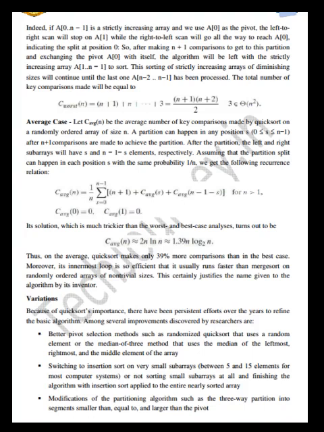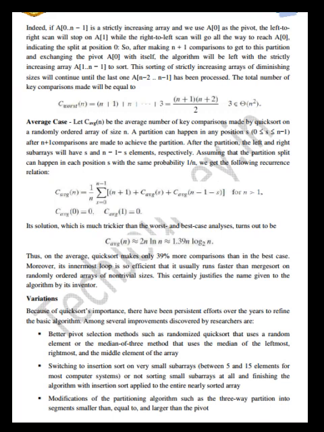Indeed, if A[0..n-1] is a strictly increasing array and we use A[0] as the pivot, the left to right scan will stop on A[1] while the right to left scan will go all the way to reach A[0], indicating the split at position 0. So after making n plus 1 comparisons to get this partition and exchanging the pivot A[0] with itself, the algorithm will be left with the strictly increasing array A[1..n-1] to sort.